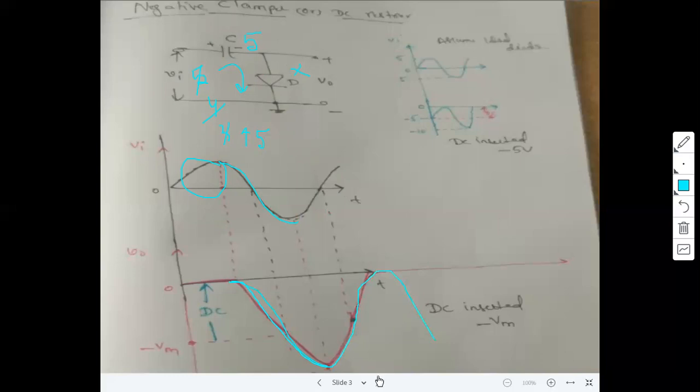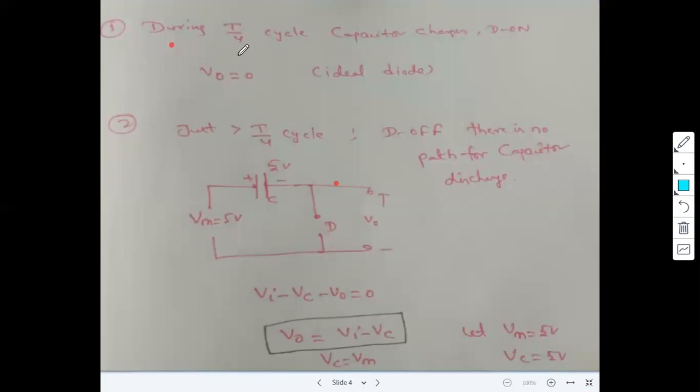Okay, this can be explained mathematically. During the first quarter cycle, the capacitor charges, the diode is on, and the output is equal to 0. Here is the circuit, here is the capacitor, and this is the diode. During the first quarter cycle, the capacitor charges to the maximum input voltage, the diode is on, and the output is equal to 0.